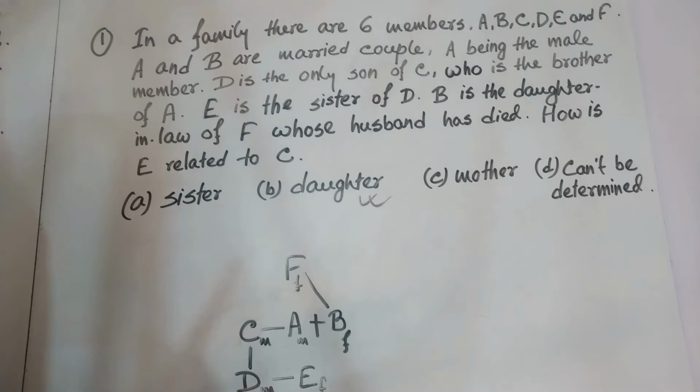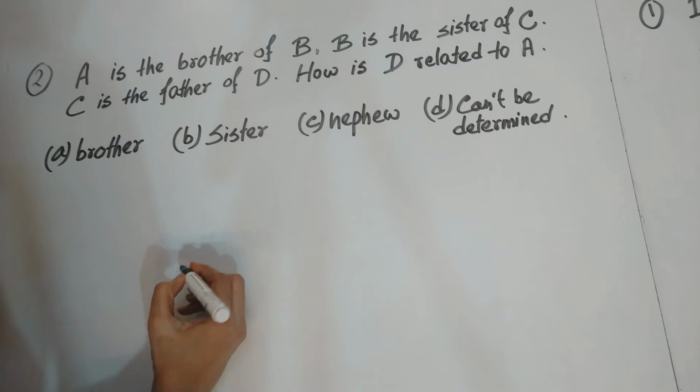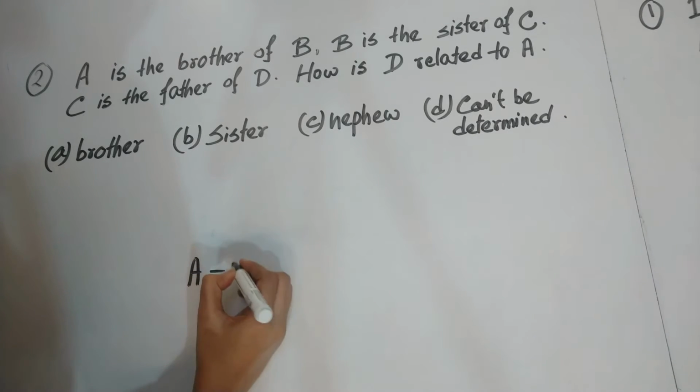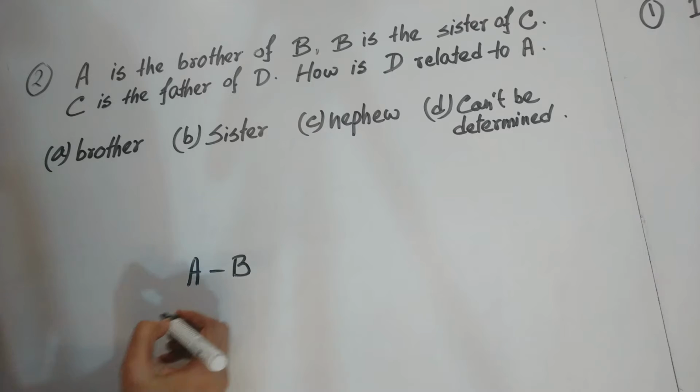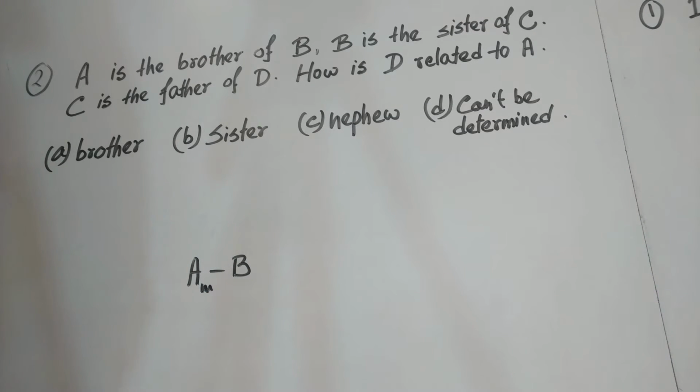Okay, next, an easy one. A is the brother of B, B is the sister of C, C is the father of D. How is D related to A? So here A is the brother of B. From here we can say A is a male member.